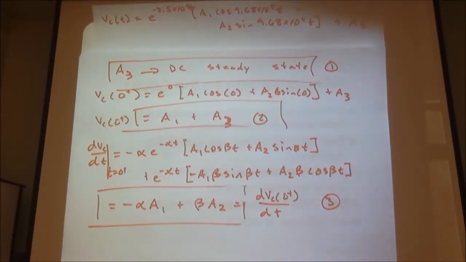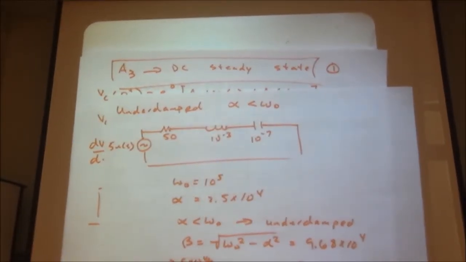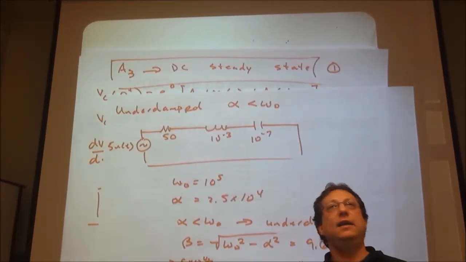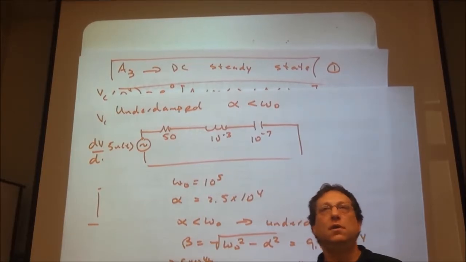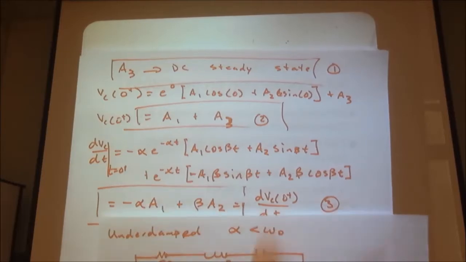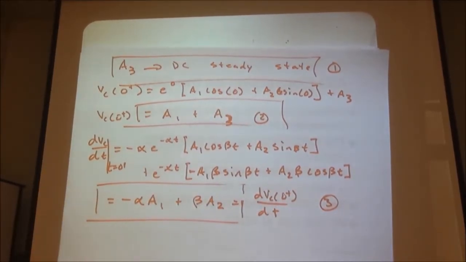Once you go to the circuit, in this case a simple circuit, but once you find the expression for the differential equation and find the expressions for alpha and omega naught, it is a solved problem. Initial conditions, find those from the circuit analysis, and you are good.